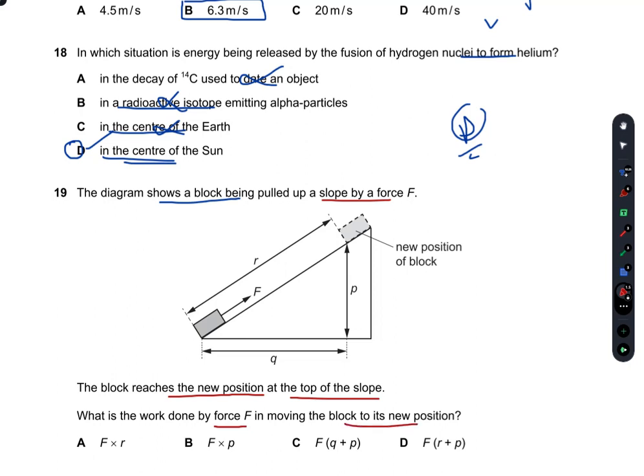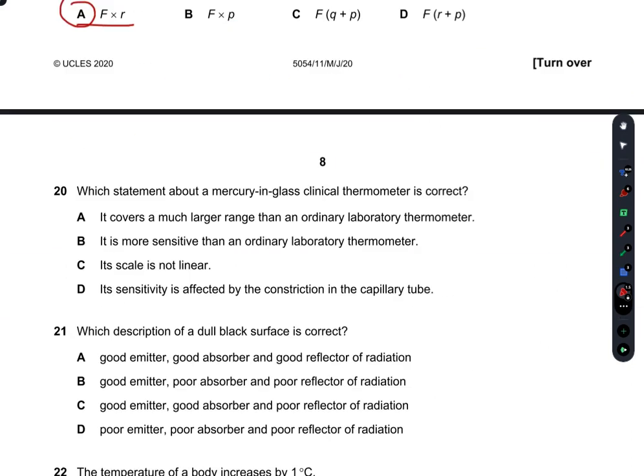We can calculate the work done by the change in potential energy, and by simply using the work formula, work is force times displacement, and this displacement should be in the direction of force. As you can see here, this is the force acting and this is the displacement, so simply A is the right answer.